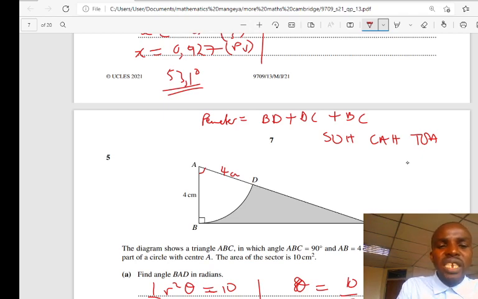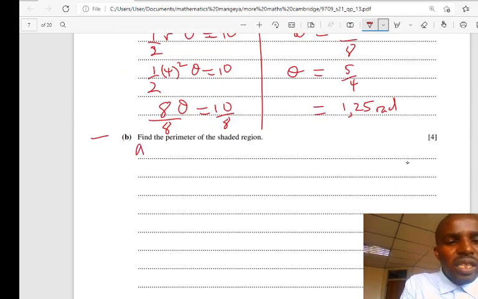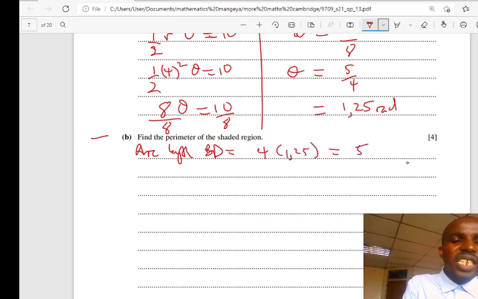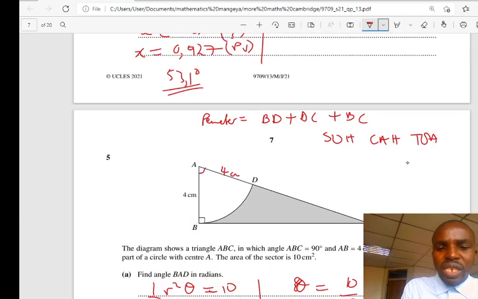We want to first find arc length BD. Arc length is r theta, which is 4 times 1.25. On this one you can get 5. That's the first part. Then the second part, we have to find BC.